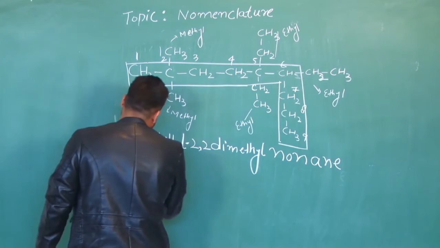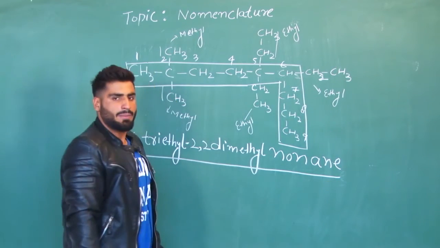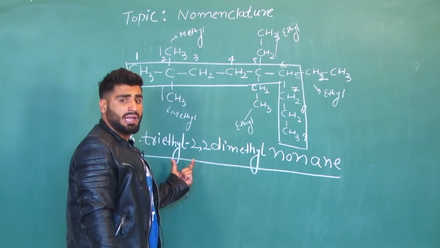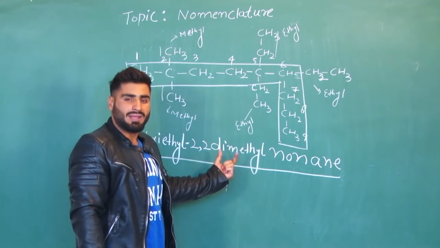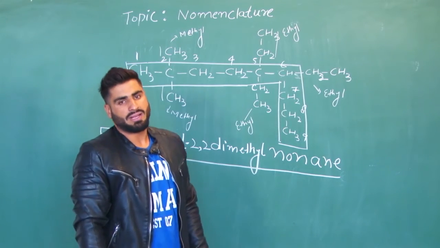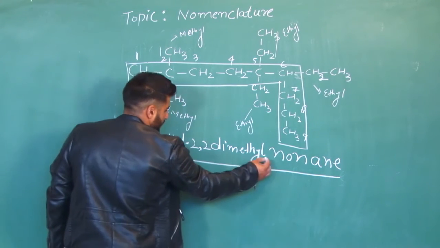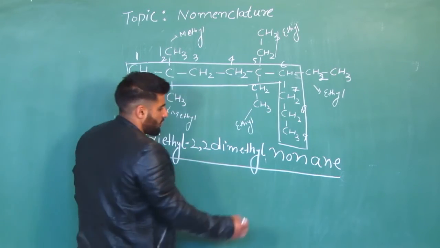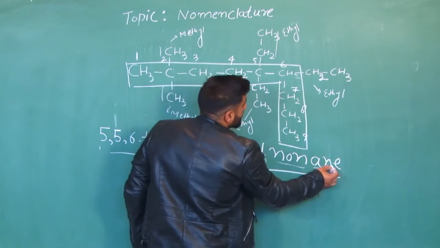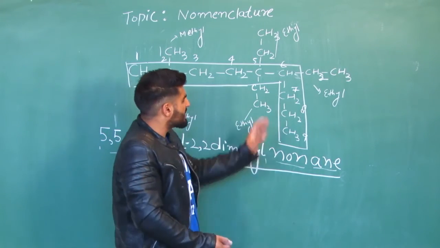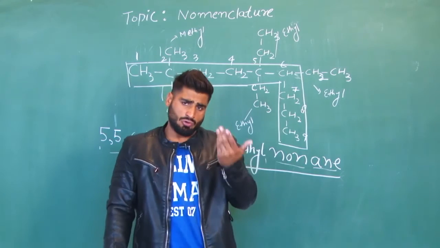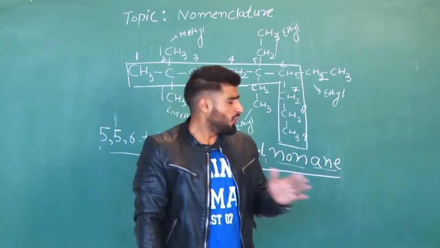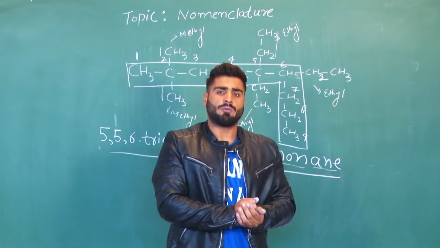So this will be the complete IUPAC name of this compound: 5, 5, 6 triethyl, 2, 2 dimethyl nonane. Here the portion from 5 to the L is the prefix, non is the root word, and ane is the primary suffix. In these compounds, we do not have a functional group, so the secondary suffix is ignored and will not come in the IUPAC name of this compound.